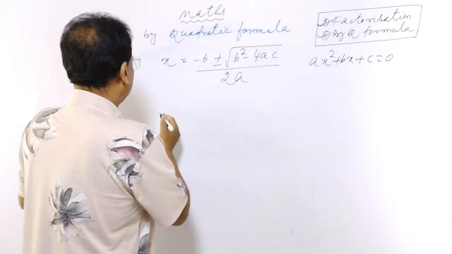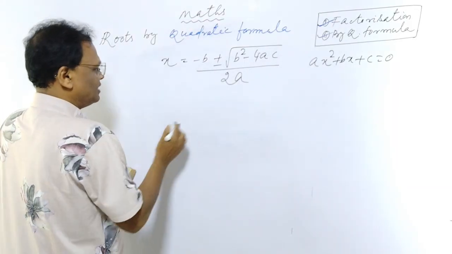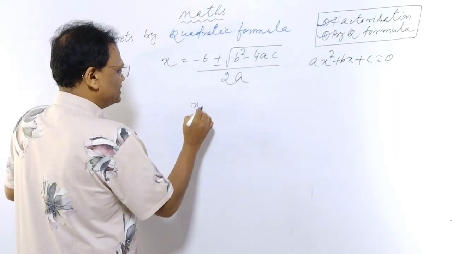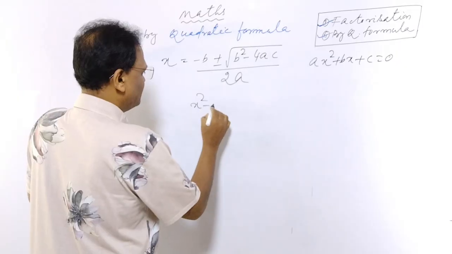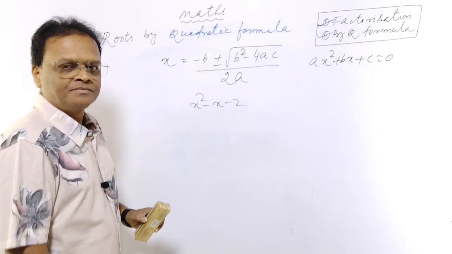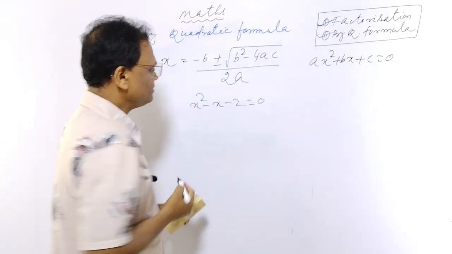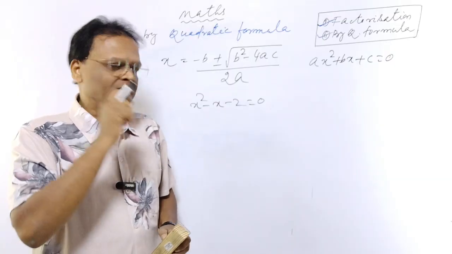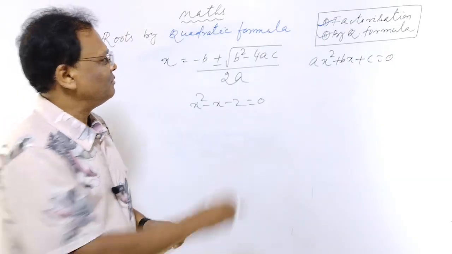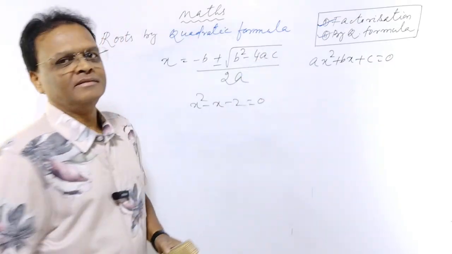For that, let me take one more example: x square minus x minus 2 equals 0. This one I can do by splitting method, and this one I can even do by quadratic formula method.